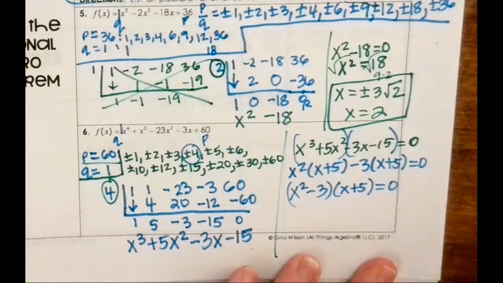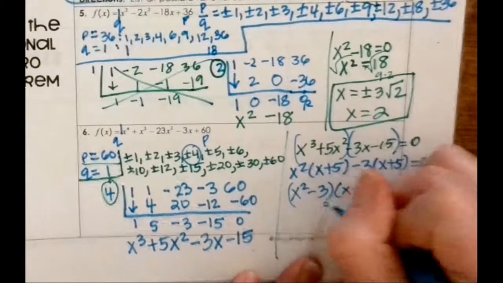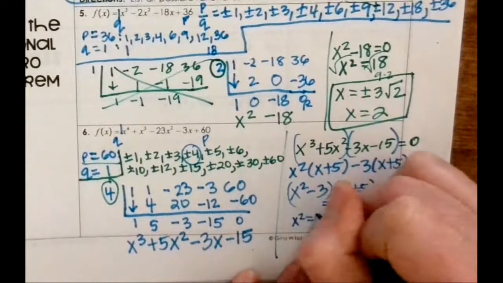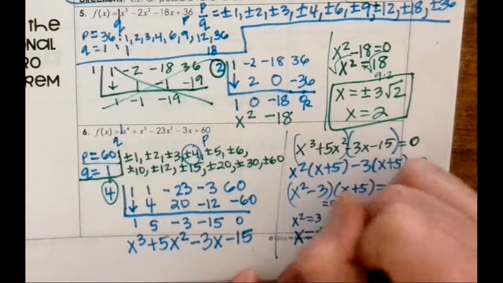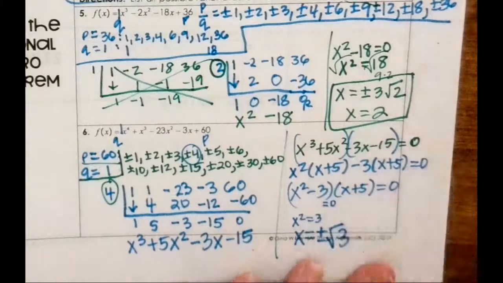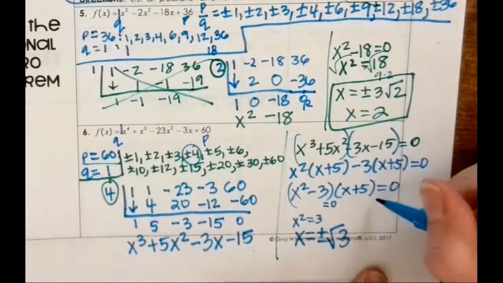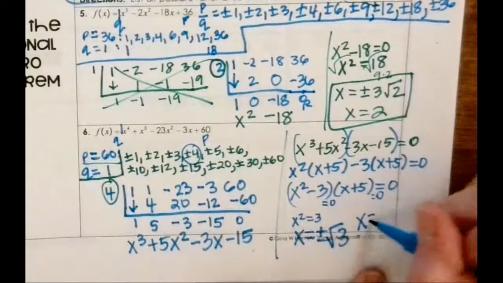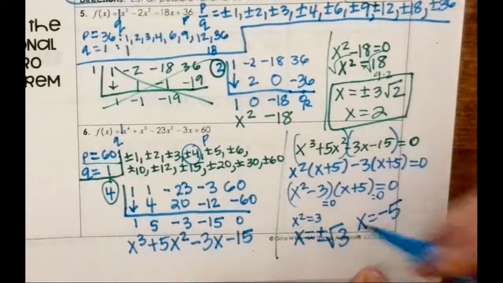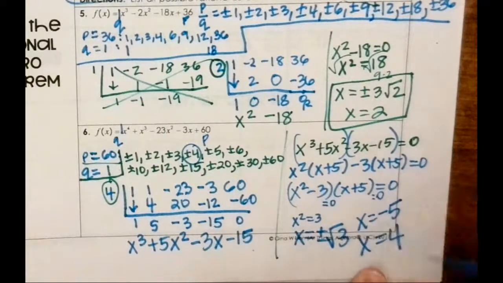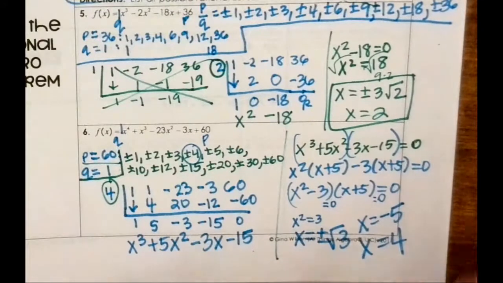Alright. So x squared minus 3 equals 0 means x will be plus minus square root of 3. And then x plus 5 equals 0 means x will be negative 5. And then we also found 4 from our synthetic division there.